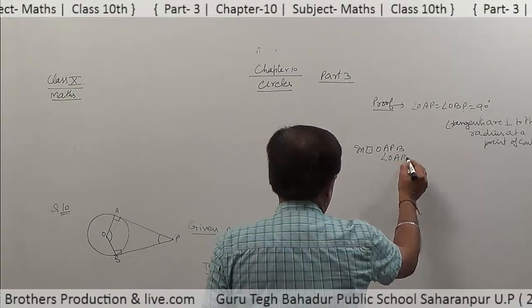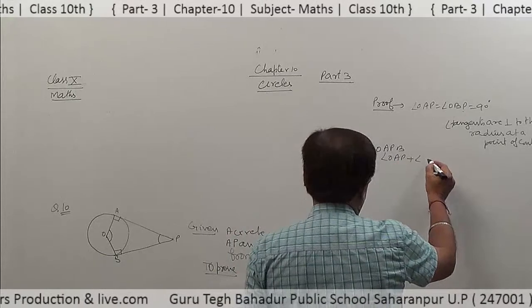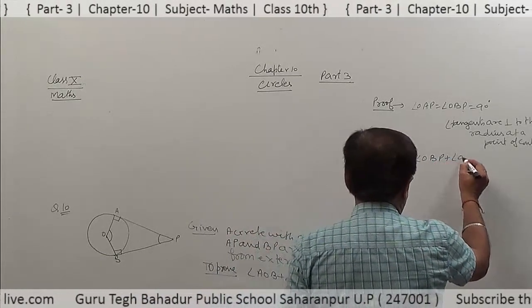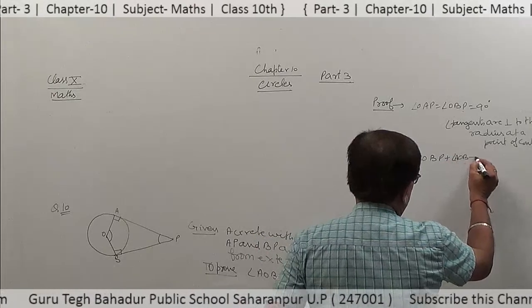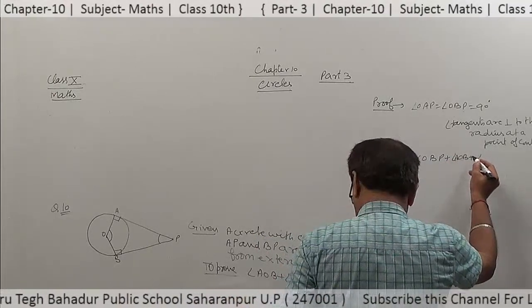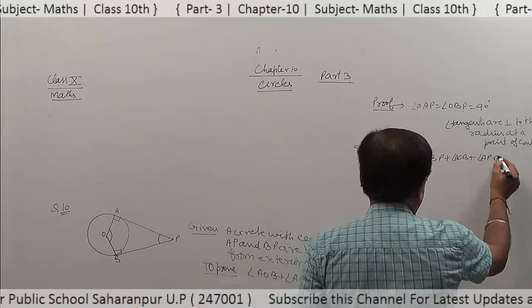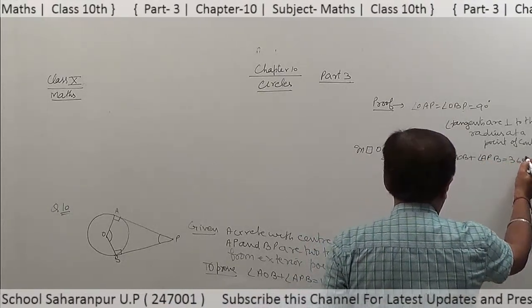angle OAP plus angle OBP plus angle AOB plus angle APB is equal to 360.